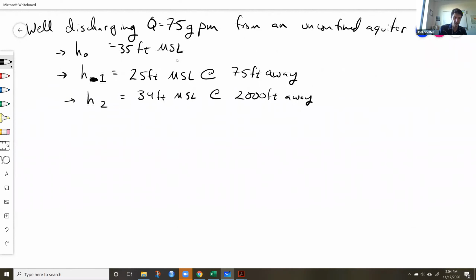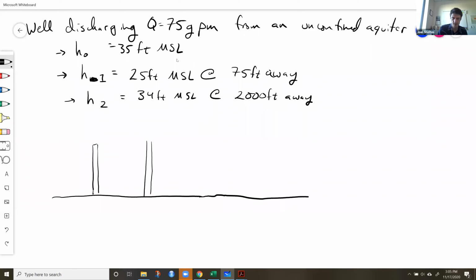All right, so let's just draw that together. So that's our pumping well. Here's our nearby well, and then really far away, we get another well.